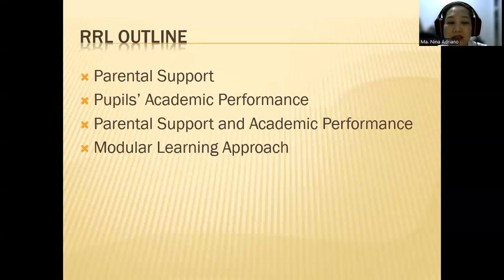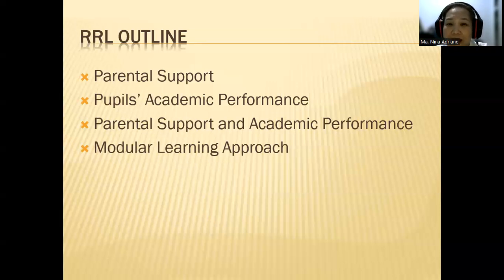Okay, and then the third subheading under your RRL is parental support and academic performance. You will choose studies that investigate both in one study, parental support and academic performance, and discuss that under your RRL. Yung kanina, the first one, parental support, lahat lang ng parental support, yun ang ilalagay natin under that heading.